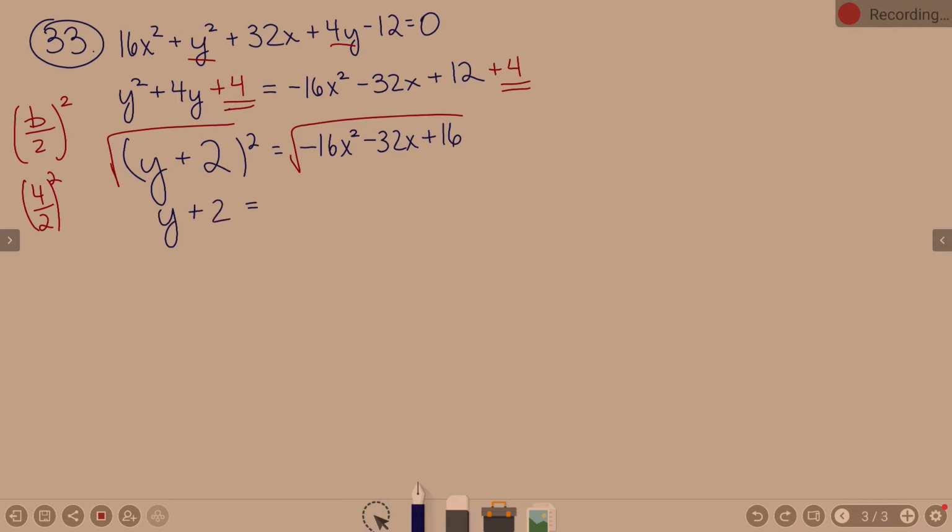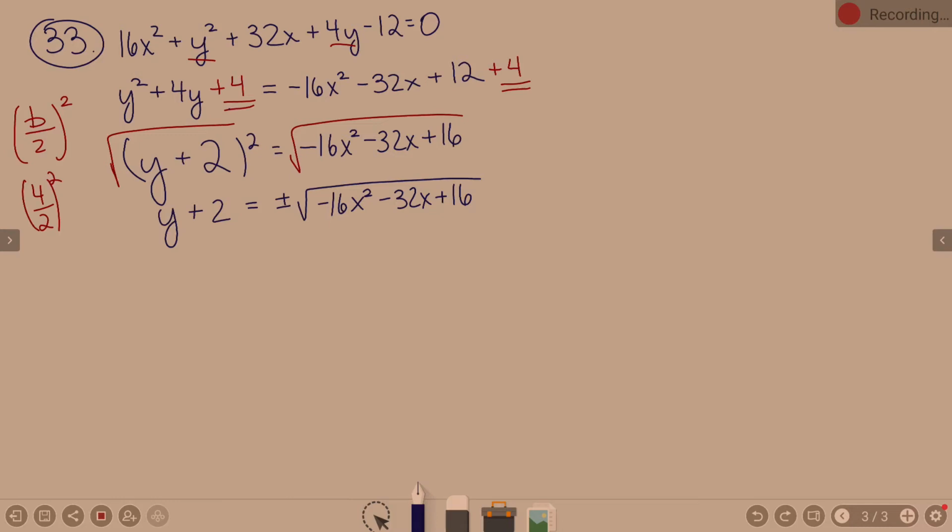On the right, I am going to say plus or minus the square root of negative 16x squared minus 32x plus 16.